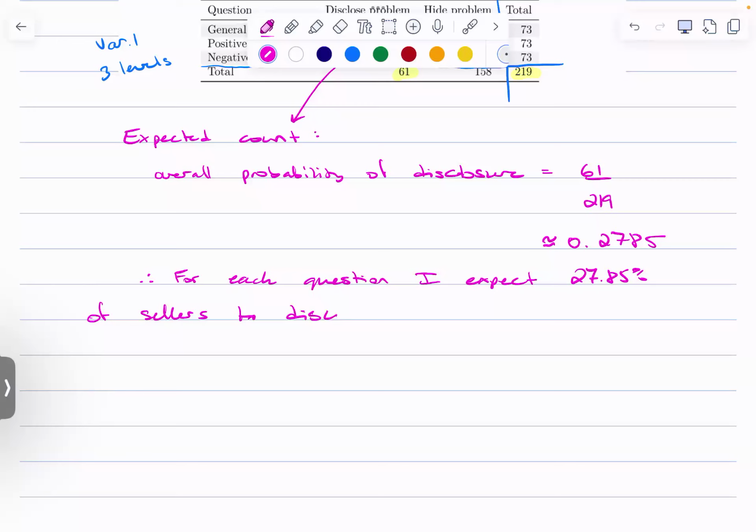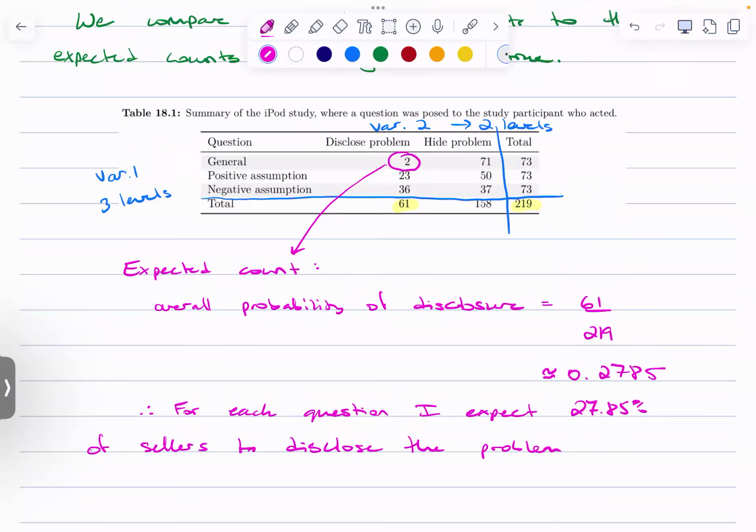Which also means the opposite of that, 1 minus 0.2785, is how many I would expect not to disclose the problem. It doesn't have to be even that way, but it would have to be even across the disclosure here. And so what can I do? If I have 73 sellers that were asked that general question, then I can multiply that by 0.2785.